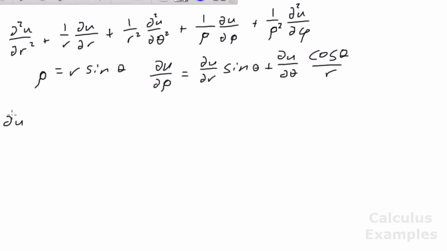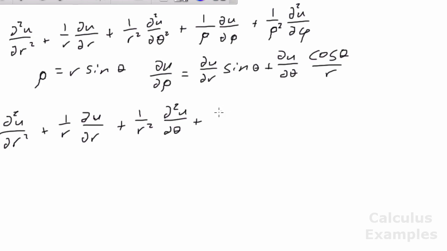So partial of u, second partial of u with respect to r, plus 1 over r, partial of u with respect to r, plus 1 over r squared, second partial of u with respect to theta squared. I have a feeling I'm going to run out of space. 1 over r sine theta, partial of u with respect to rho, which was this monster here.